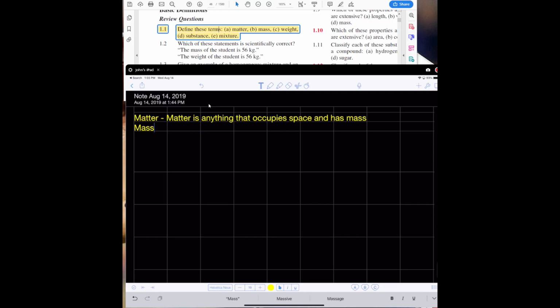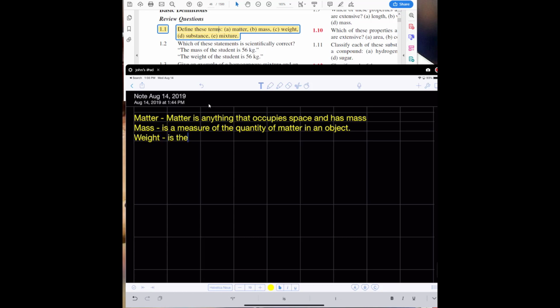Mass is a measure of the quantity of matter in an object. Then we have weight. Weight can be defined as the force that gravity exerts on an object. We have D, which is substance.